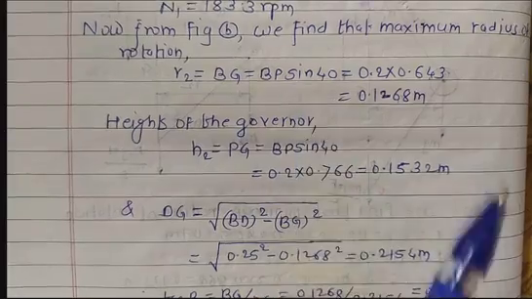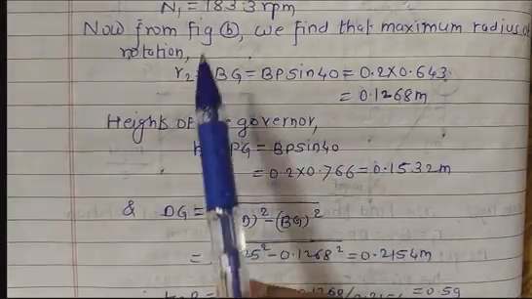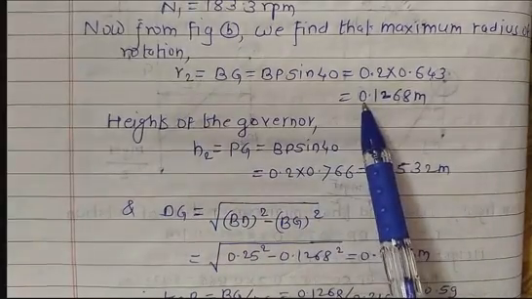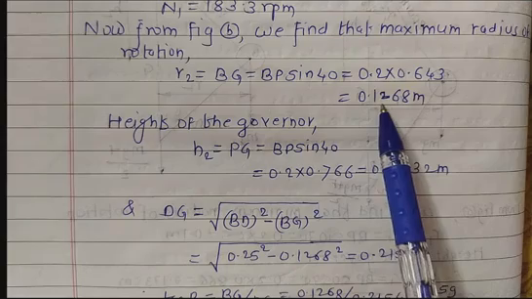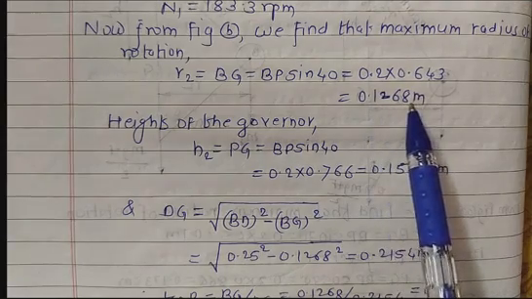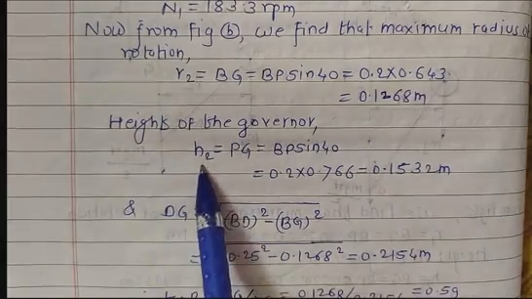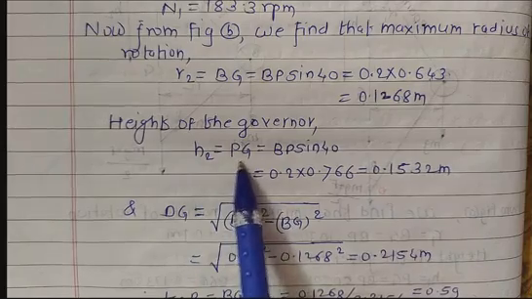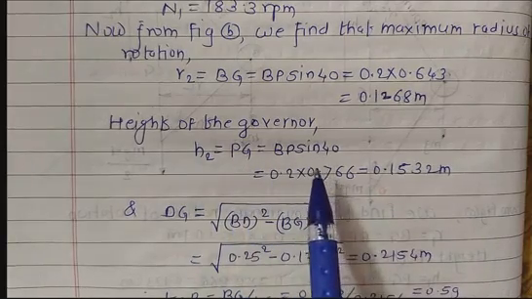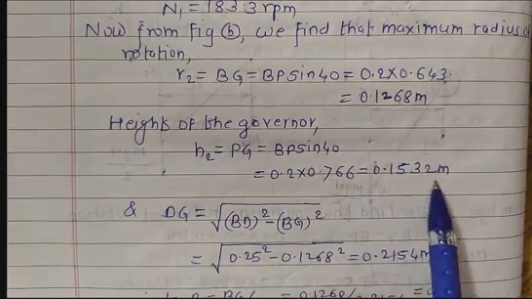Just focus on the triangles we discussed earlier. Then get the value of r2 in this way, 0.1268 meter. Then the height of the governor, h2, equals PG equals BP cos of 40. You can get h2 equals this one.